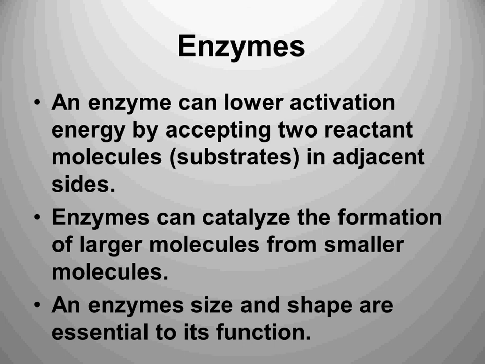An enzyme has the ability to lower that activation energy, which is really important for our body. It makes our body more efficient so we don't have to use as much energy to do the things that we do. Enzymes have the ability to form larger molecules from smaller molecules, or the very opposite. It can take smaller molecules and make larger molecules out of it.